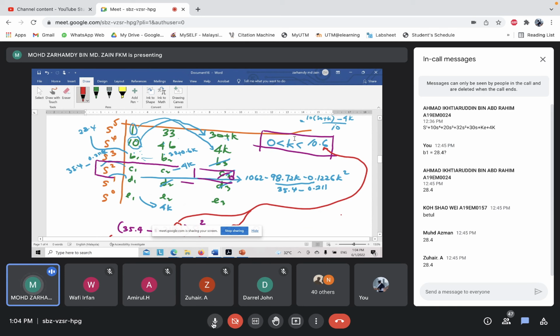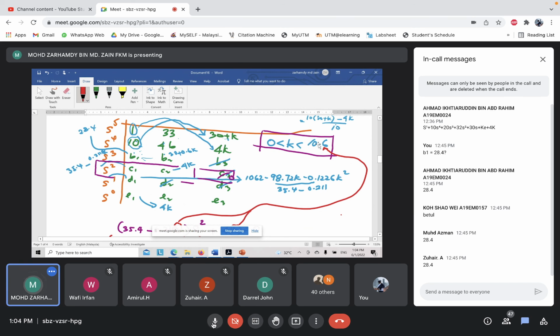So in this case, we assume the value of K is the maximum value in this range of K. We assume our value of K is 10.6.